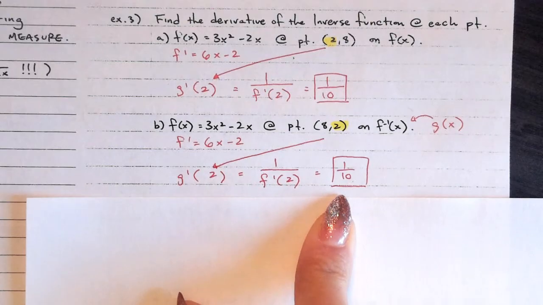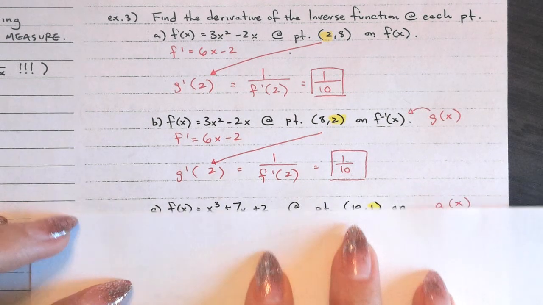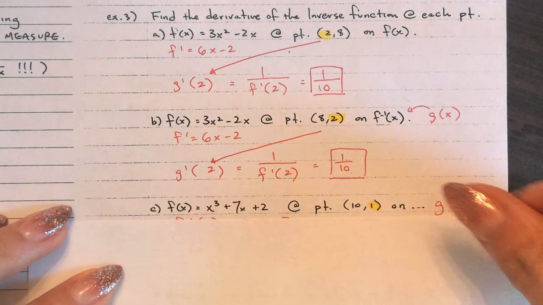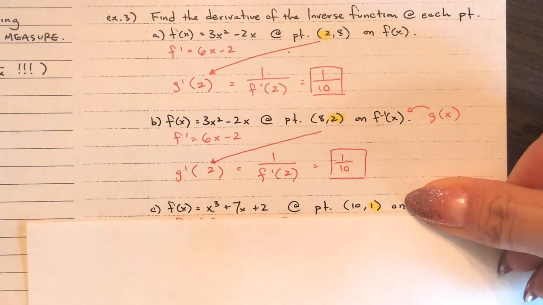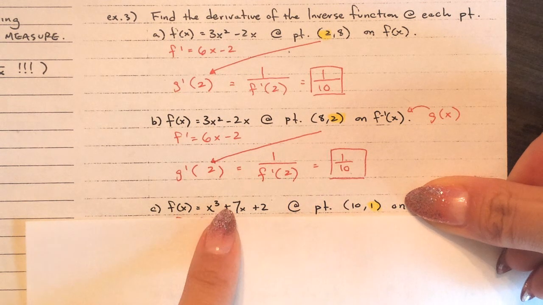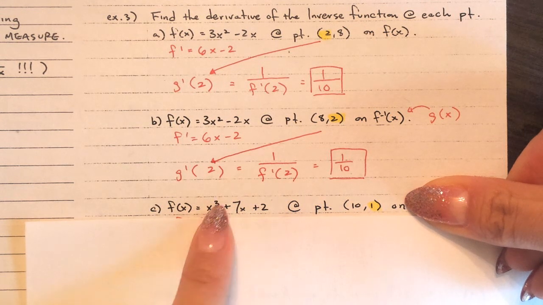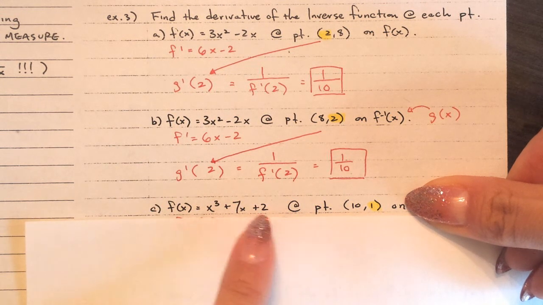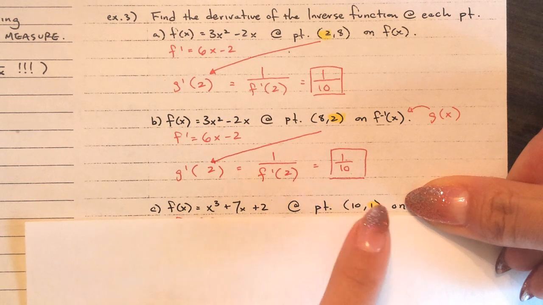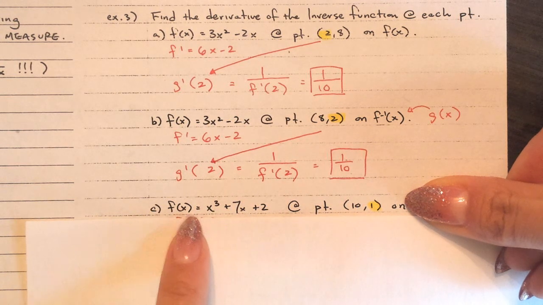Okay, I'm going to show you with a different function. Are you ready? Different function. They don't tell you what it's on, but then you look at this. If you plug in 10, do you get 1? No, you get like 1,000 something, I don't know what. If you plug in 1, do you get 10? 1 plus 7 plus 2. Yes. So 1 is your x value of this.